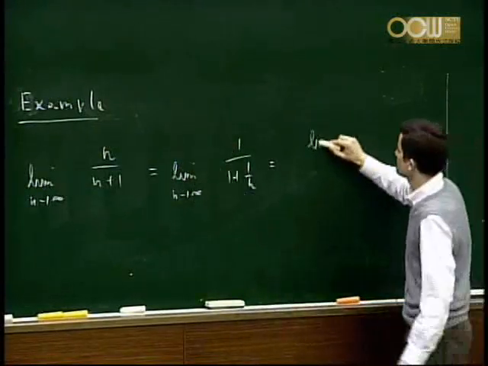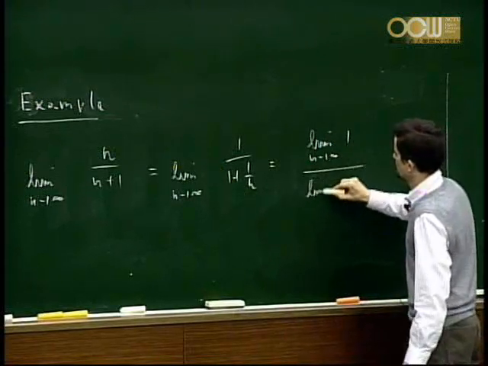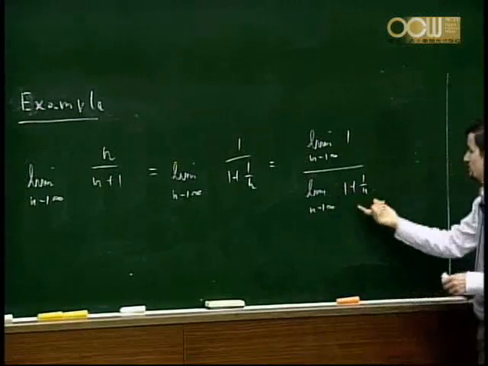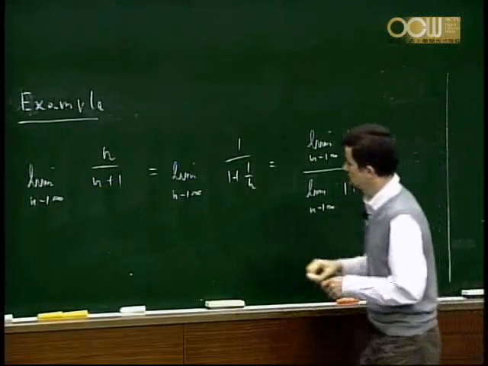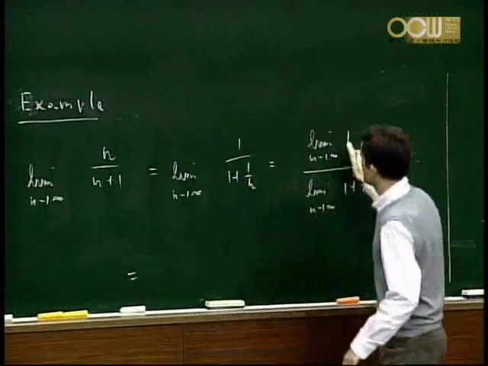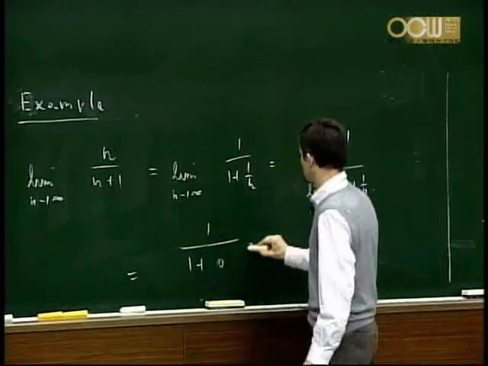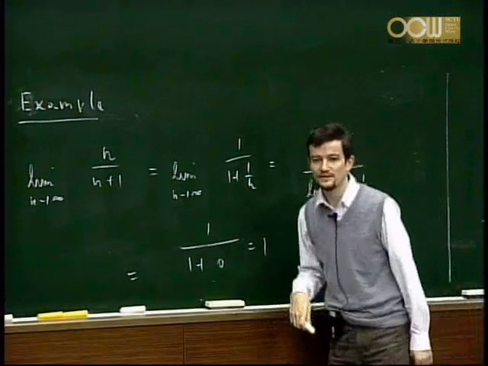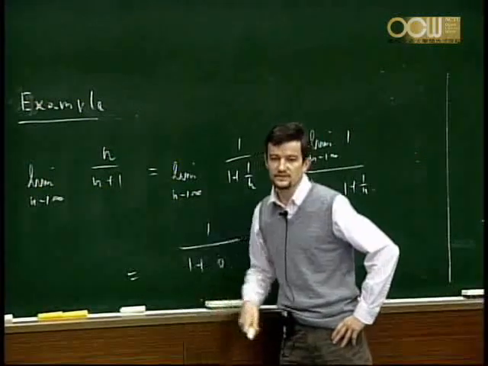So we have the limit as n tends to infinity of 1 over the limit as n tends to infinity of 1 plus 1 over n. And we also have the rule that the limit of a sum is the sum of the limits, and the limit of a constant is the constant. So this is 1 over 1 plus, and this limit we just figured out is 0, so what we get is 1. Of course, it's trivial, but it's just to show you once how we systematically compute such limits.